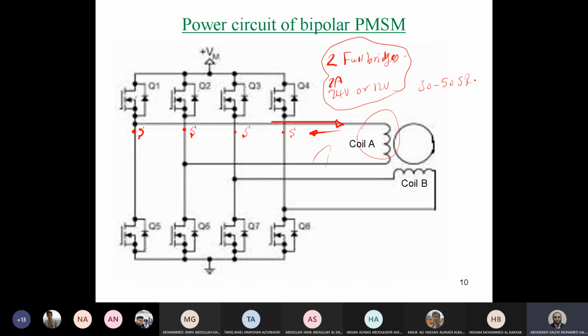So, the conclusion here: the bipolar circuit is expensive compared to unipolar motors. Why? Because it needs special considerations like isolation, and also the number of switches.